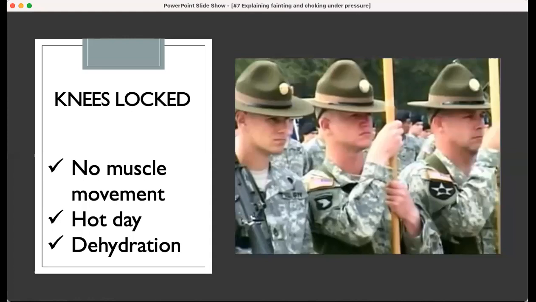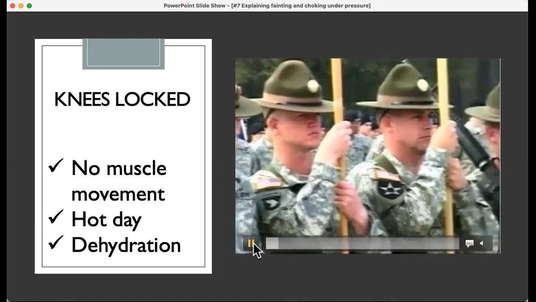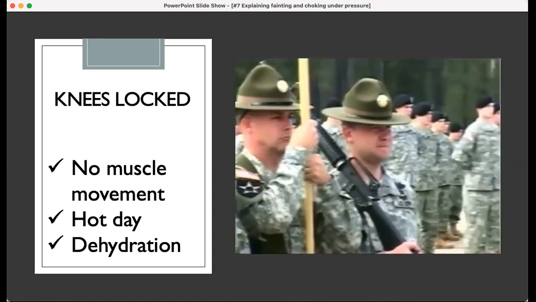Another example of faint is when people have their knees locked. An example here is from a YouTube video of recruits standing at attention in the hot sun, not moving their lower legs.